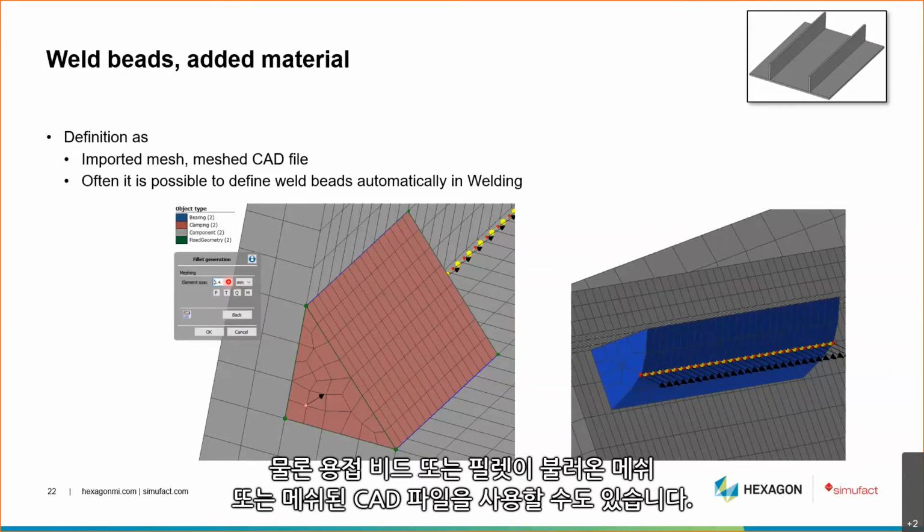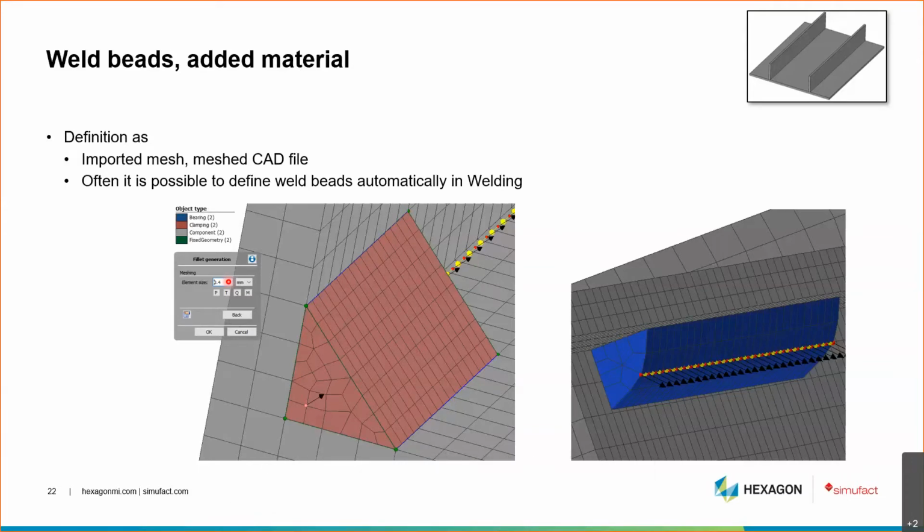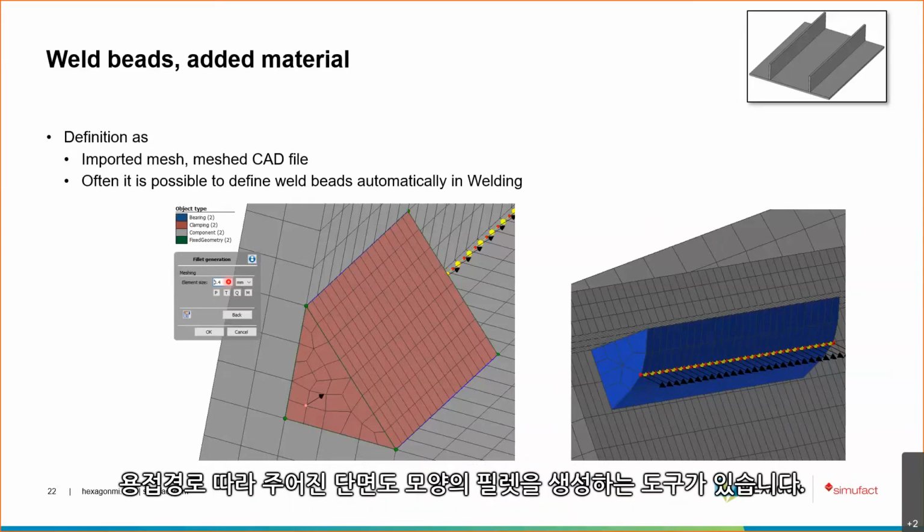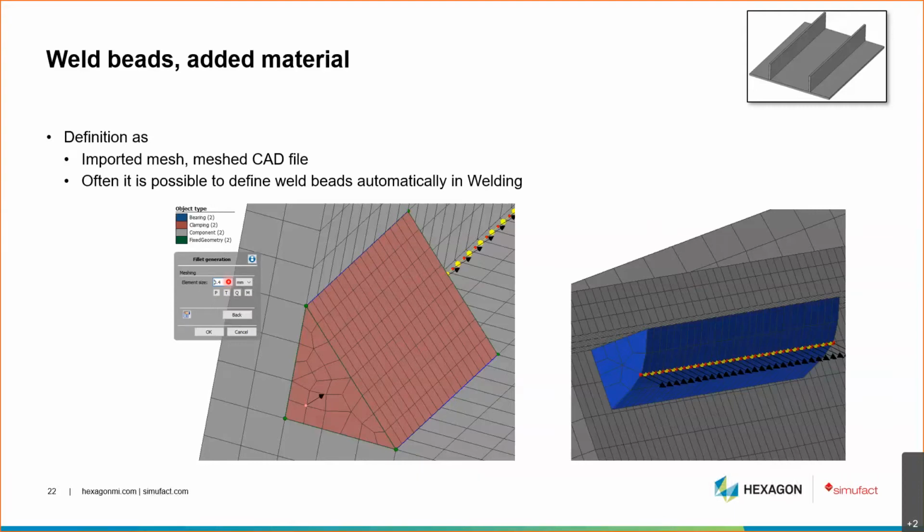It is of course possible for this so-called weld bead or fillet to use some imported mesh or mesh CAD file. Otherwise, it is also possible to create a lot of shapes directly and automatically in welding. So basically, we have a tool which follows the trajectory, the weld line, and creates a fillet of a given cross-section shape along this weld line.